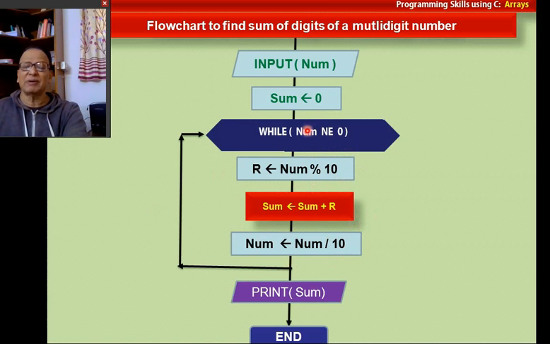At one point, number is going to be 0. You come out of the loop and you print that sum. That is going to be the sum of digits of that multi-digit number. Now you write the complete flowchart and write a C program and test that C program for different multi-digit numbers.